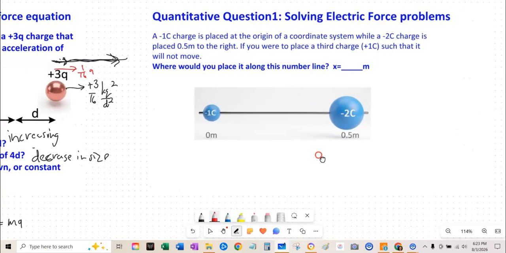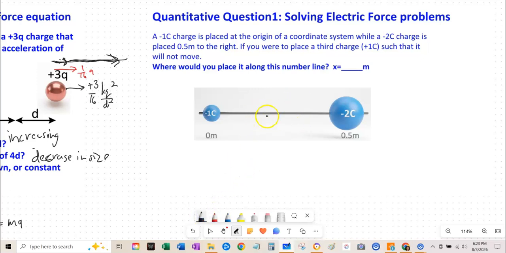We're actually going to be using numbers. Now, you have a -1 Coulomb charge and a -2 Coulomb charge. They're separated by half a meter. And they're asking, where will you put a +1 Coulomb charge somewhere on this number line such that it will not move?